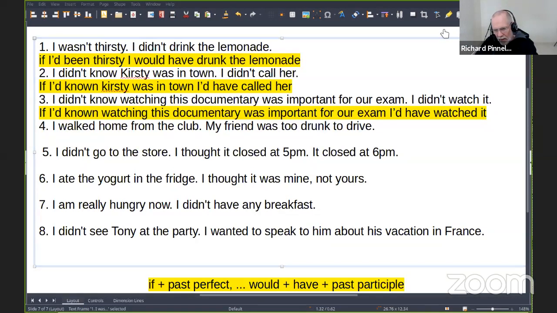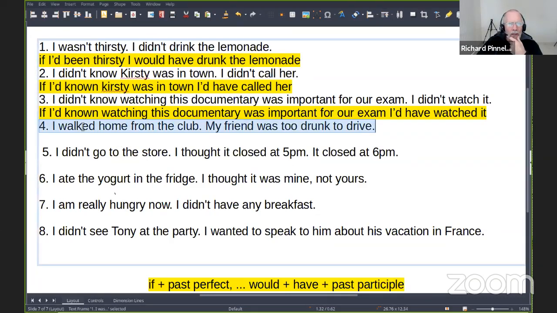Has anyone got any answers in the chat? No. I walked home from the club. My friend was too drunk to drive. If... somebody's writing on my screen, that's strange. How did that happen?